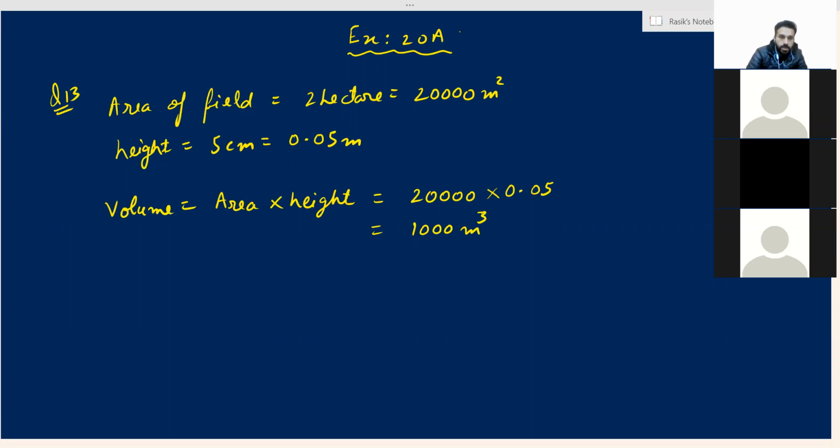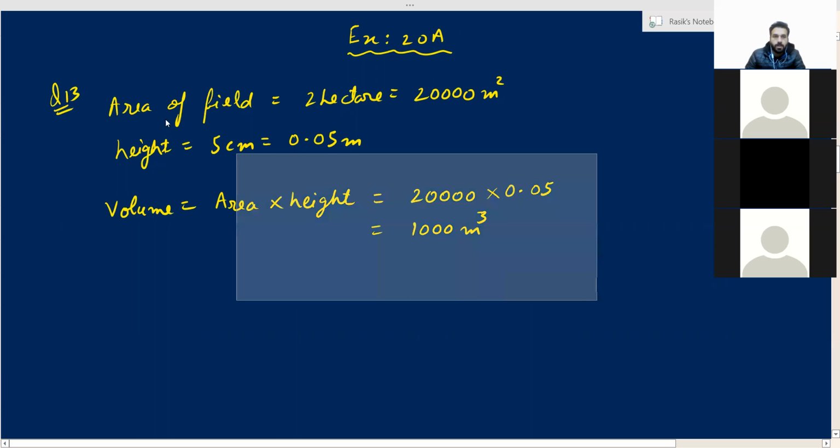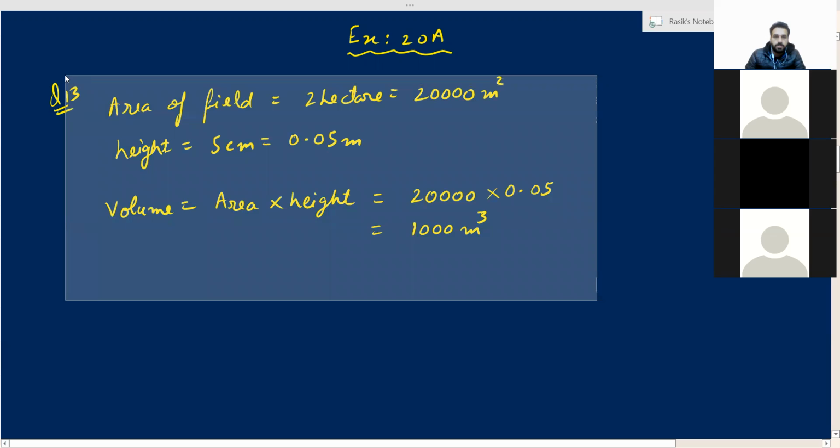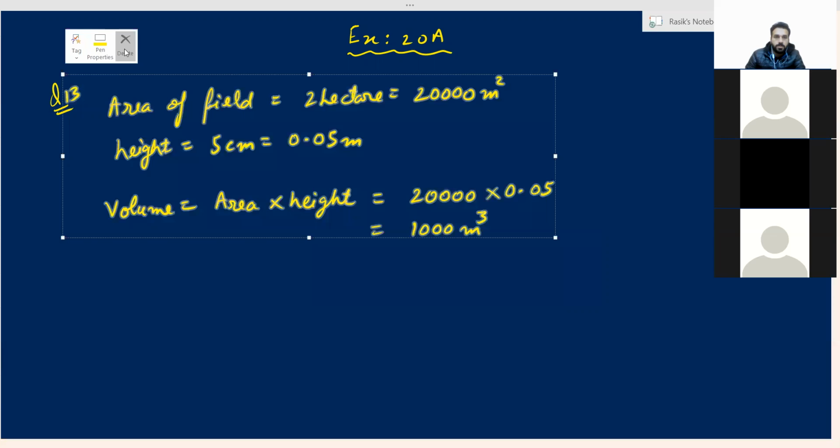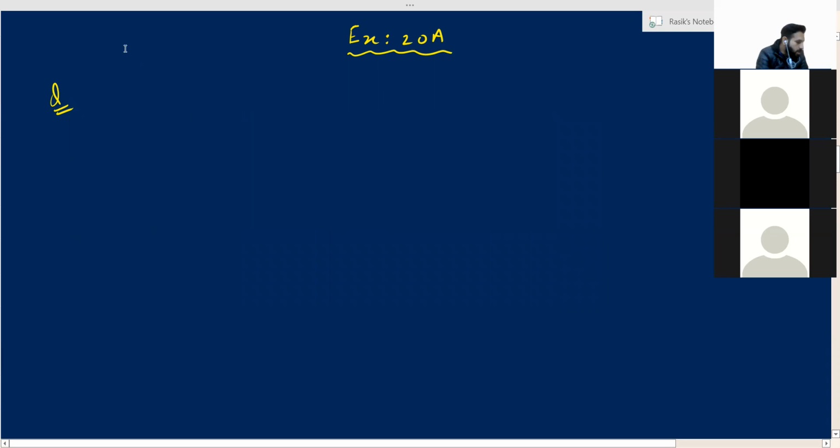Okay, question 3 you are asking, right? A solid rectangular piece of iron measures 1.05 meter by 70 centimeter by 1.5 centimeters. That means length, breadth, and height of iron piece are given. Find the weight of this piece in kilograms.